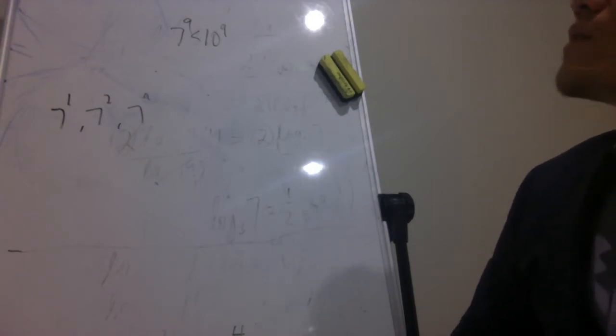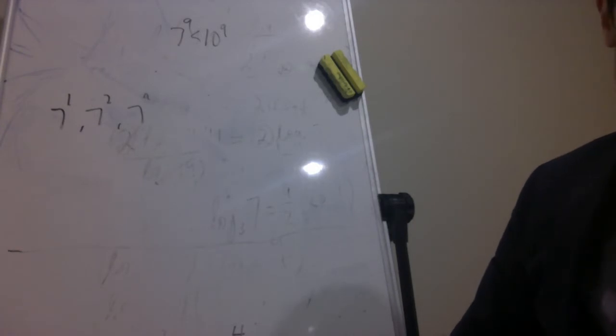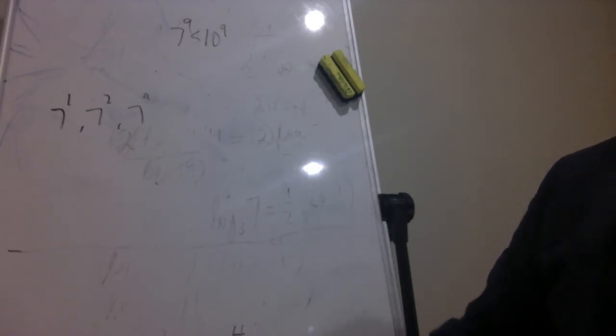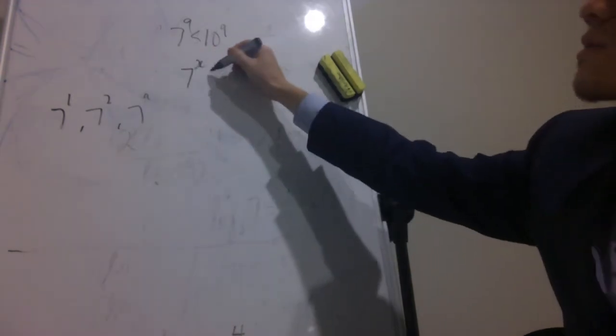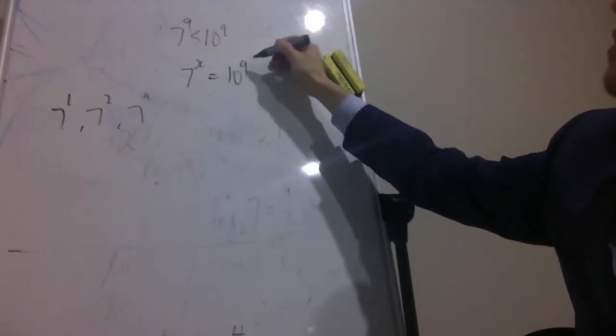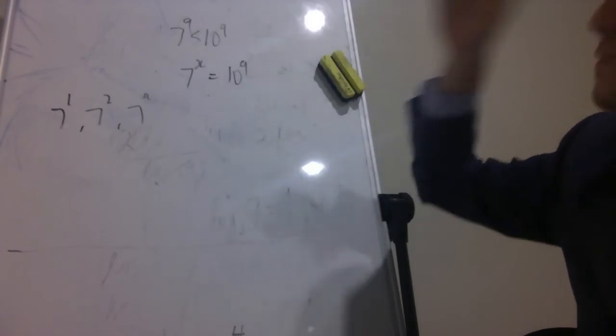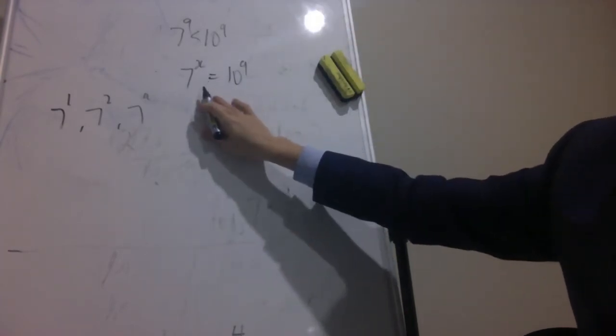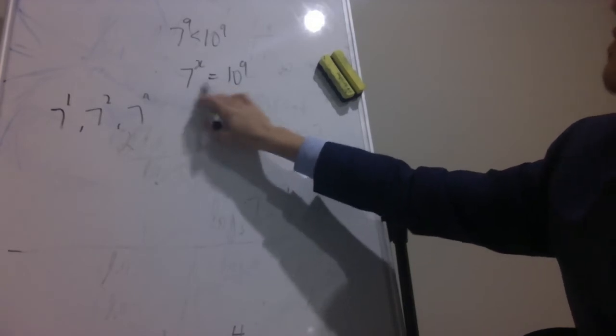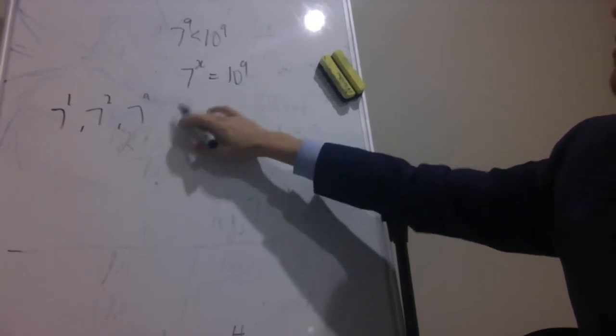I mean, this kind of question is much easier when you know logs, because you can just straight up equate them, basically. Yeah. So you can do 7 to the x equals 10 to the 9. Wait, are you allowed a calculator for this? I think the one that's used log. You might still need a calculator, depending on how you do it.